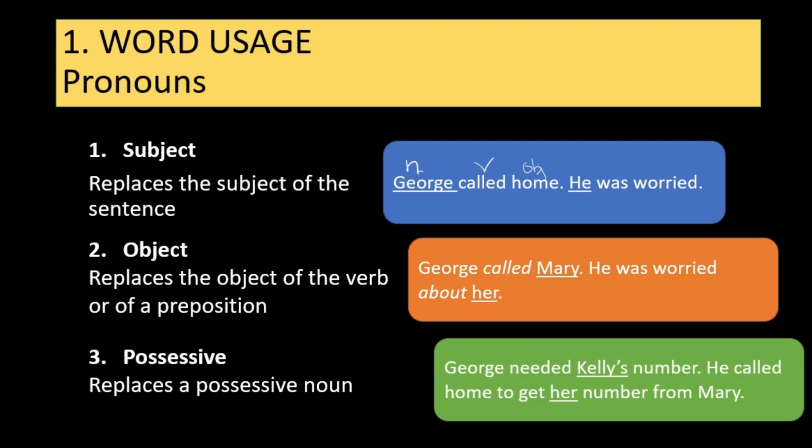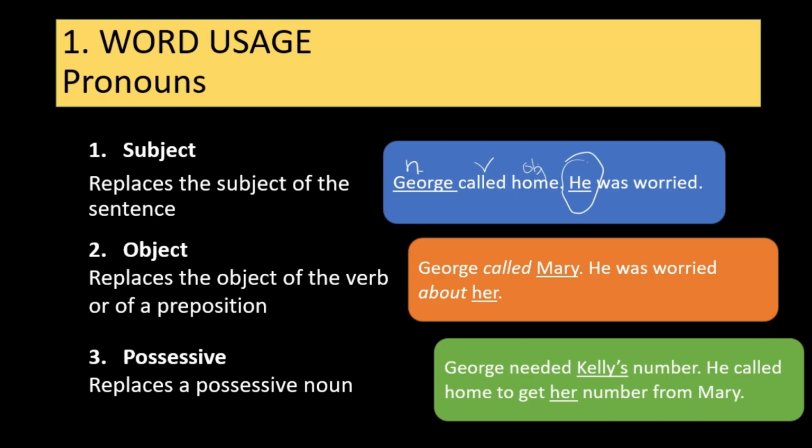Well, then it's not just this one sentence, they add more information. But instead of using George, they brought in that subject pronoun, he. He was worried. Imagine if they didn't use he and it read, George called home. George was worried. Do you see how it's kind of like, why couldn't you have used the pronoun instead? It's better writing, folks, if you start using these pronouns to help the reader get through whatever it is you're writing.